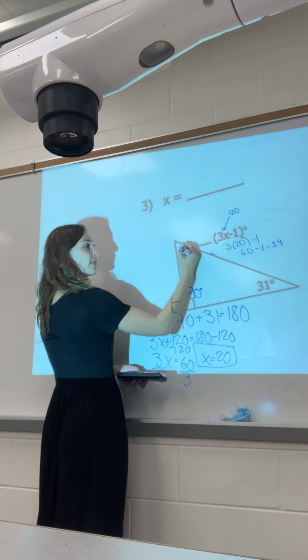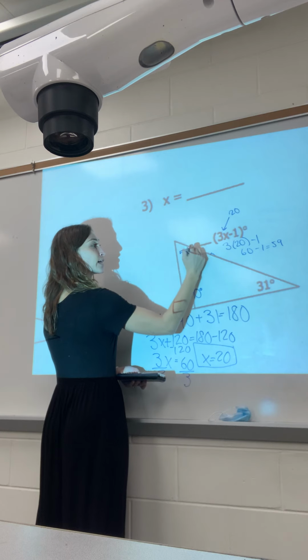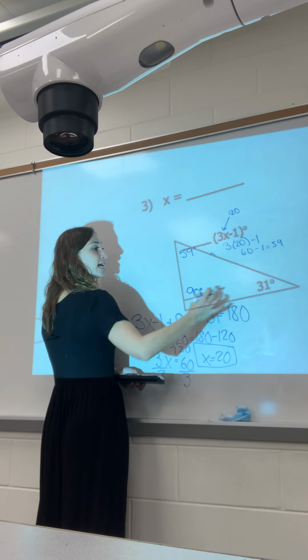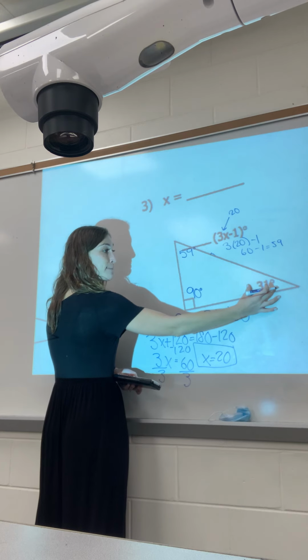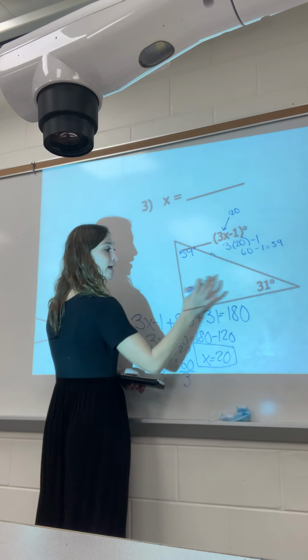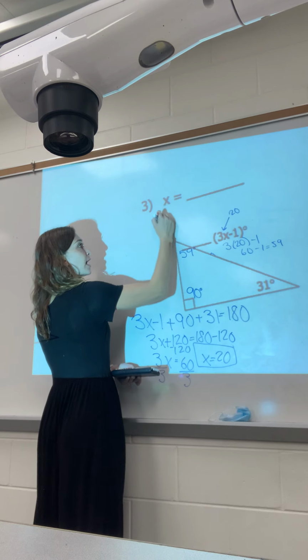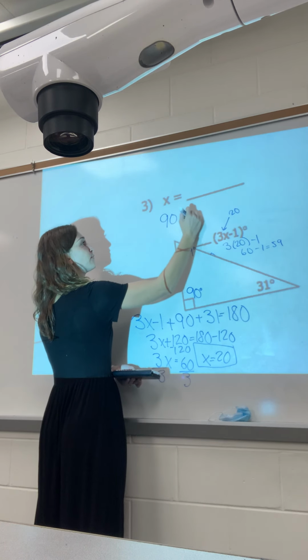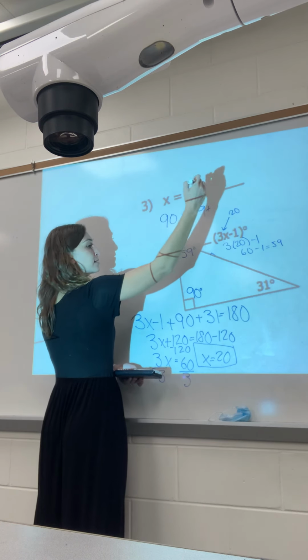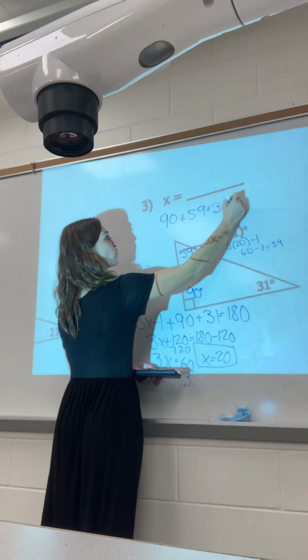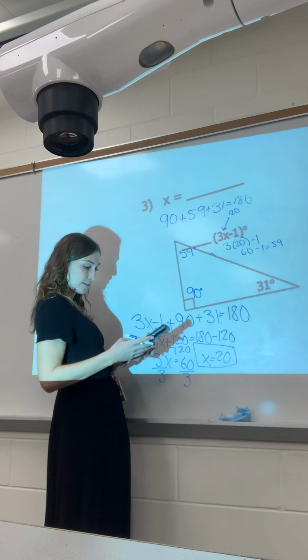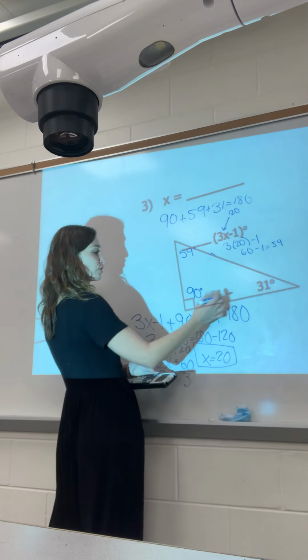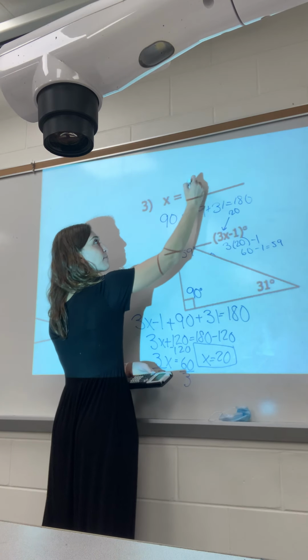So now I know that this angle is 59 degrees, this one is 90, and this one is 31. Now let's check and make sure that these 3 angles add to 180. 90 plus 59 plus 31 equals 180. There we go. So now I know my x is 20.